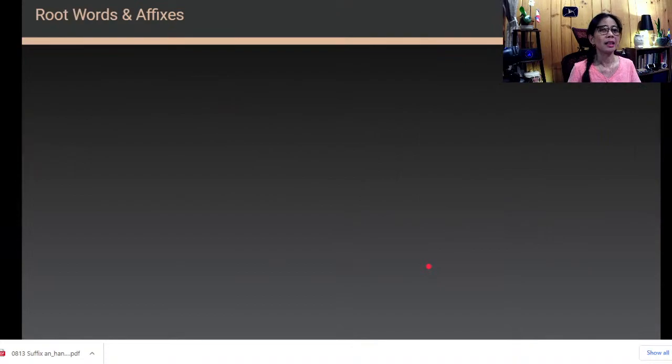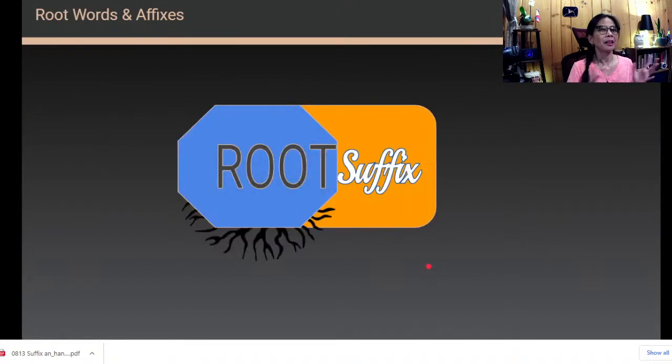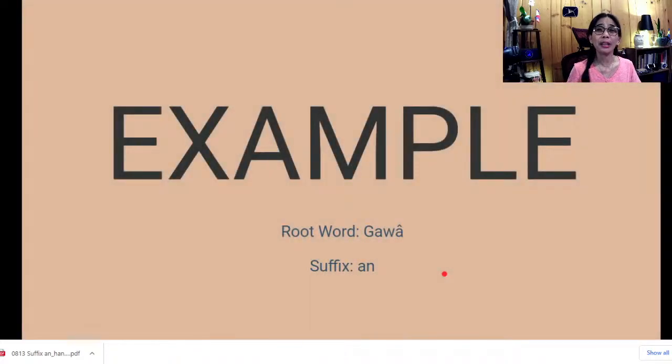If the Tagalog universe of words accepts this root word and suffix combination, then it's a valid word. It can be a valid word; it may or may not be. Let's have an example.